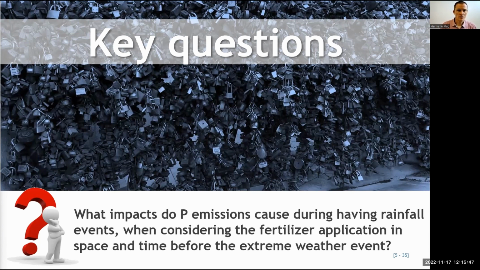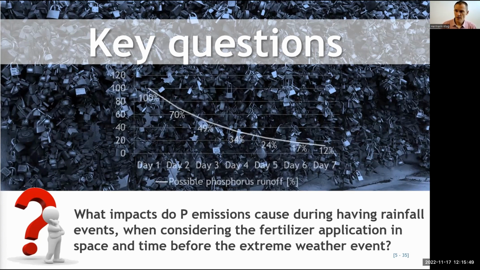So what we are looking at is the question, what is happening after a fertilization process? So fertilizers are brought to the field, and if there's no rainfall, almost all fertilizers will stay on the field. So that is what we expect at day 7, that there's almost no emissions if there's 7 days of no rainfall after the application of the fertilizers.